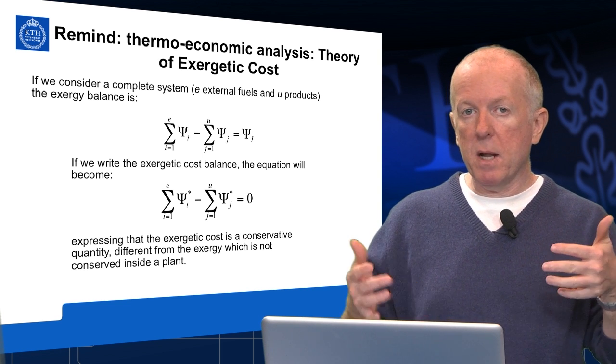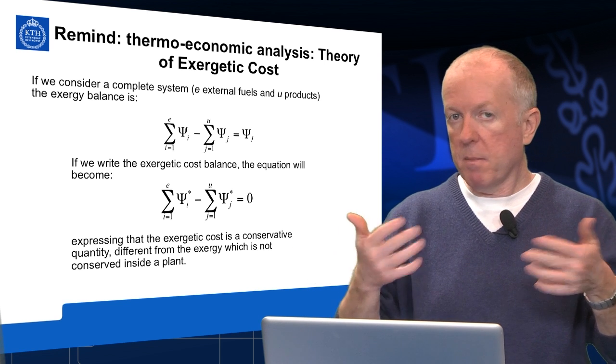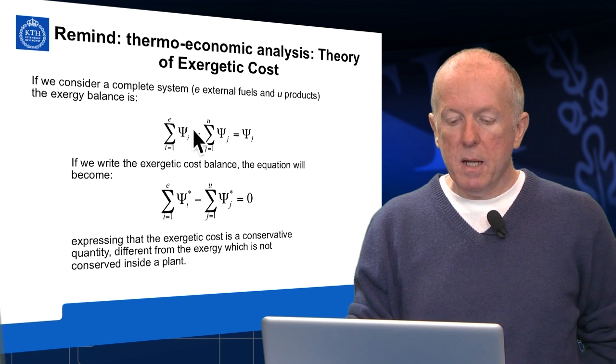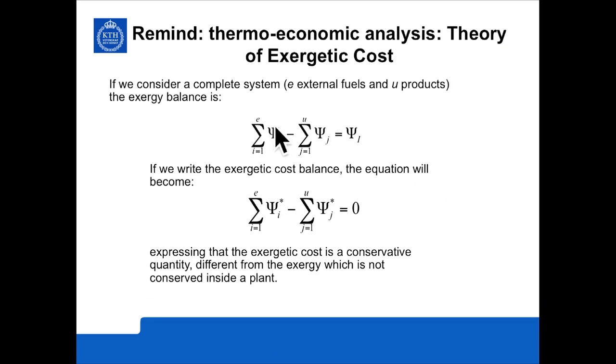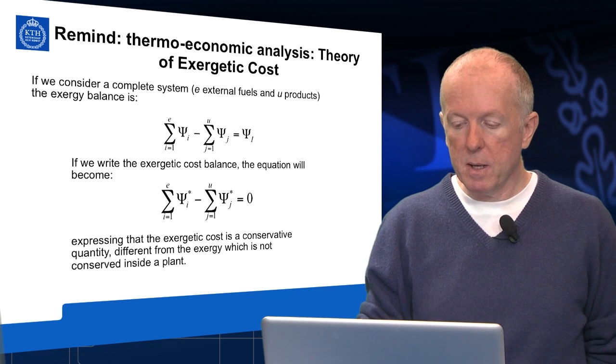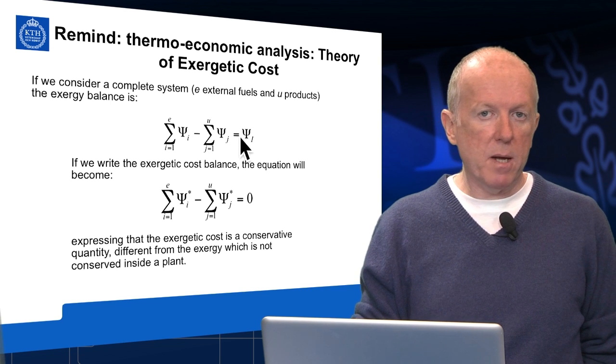So we have some external fuels E and some external products U. The exergy balance becomes the following: the sum of the exergy flows of the E fuels ψ_E minus the sum of the exergy flows of the U products ψ_U is equal to the exergy destroyed by irreversibility inside the global system. So this is a simple exergetic balance.